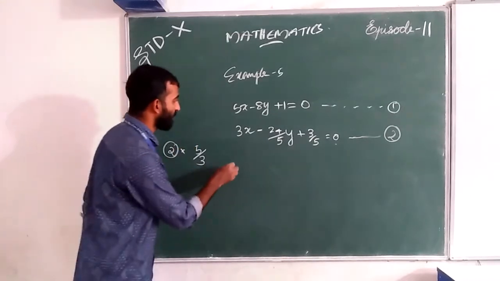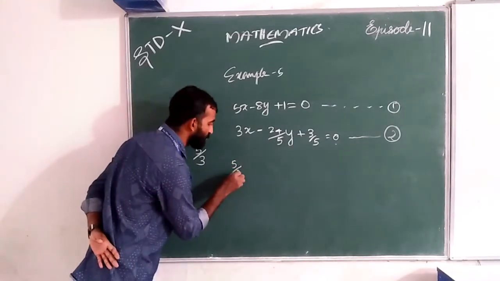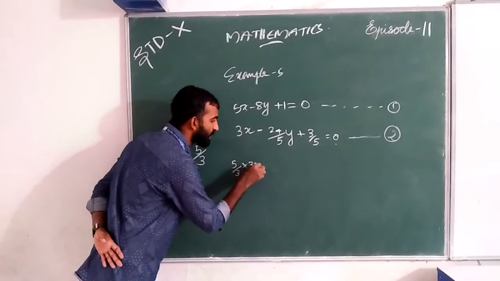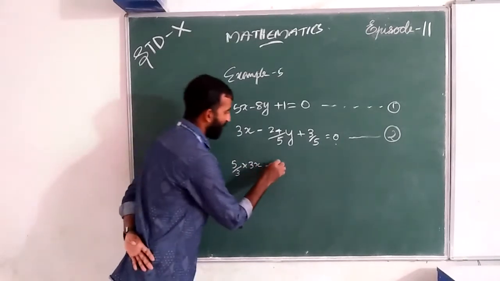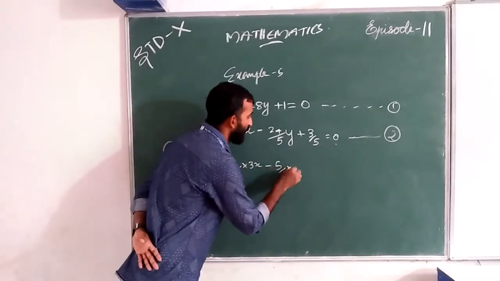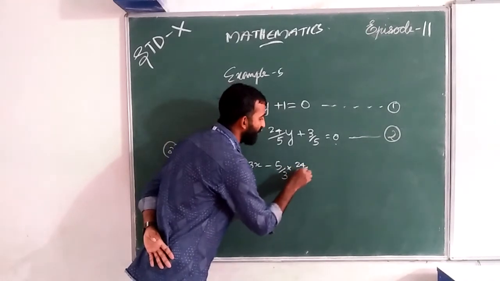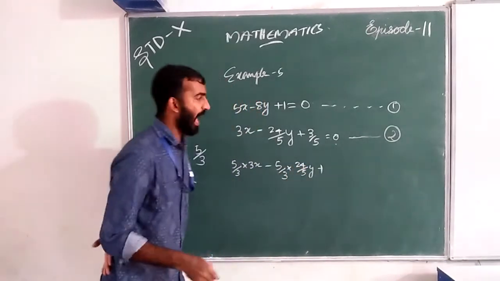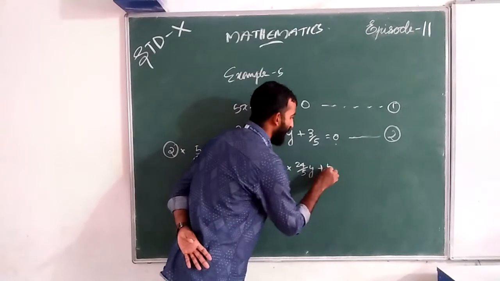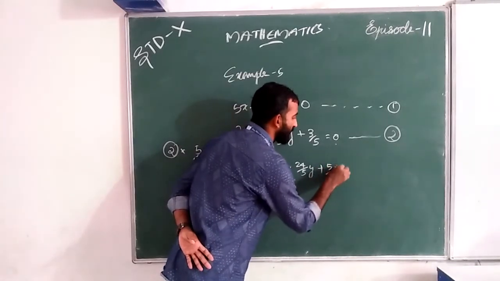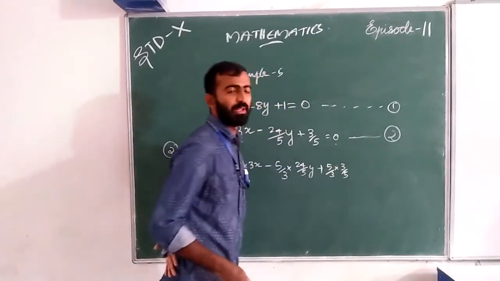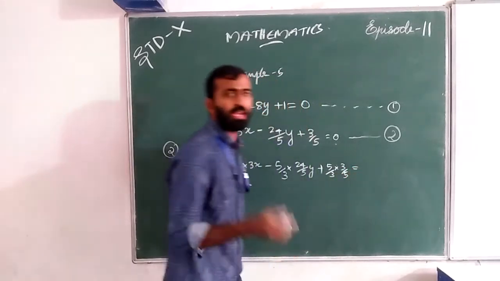We get 5 by 3 into 3x minus 5 by 3 into 24 by 5 y plus 5 by 3 into 3 by 5 equal to 5 by 3 into 0.